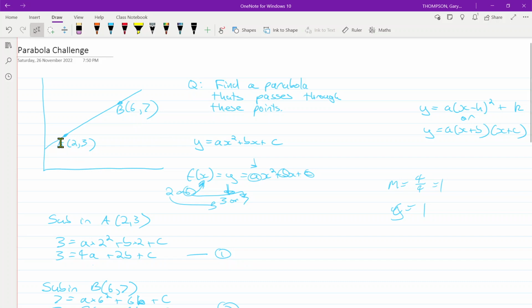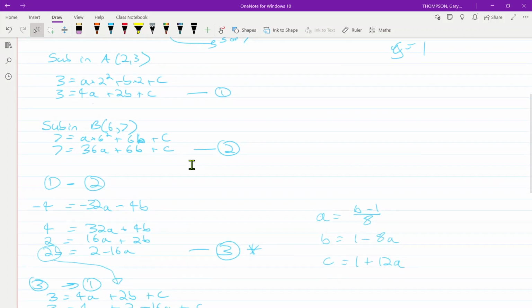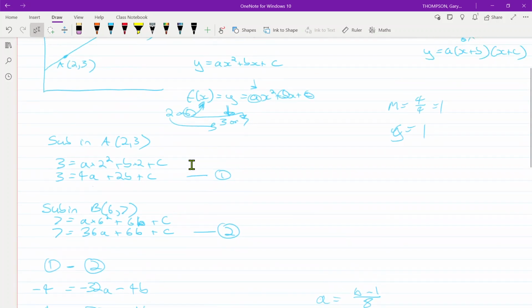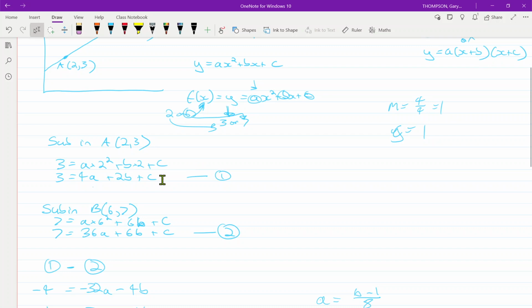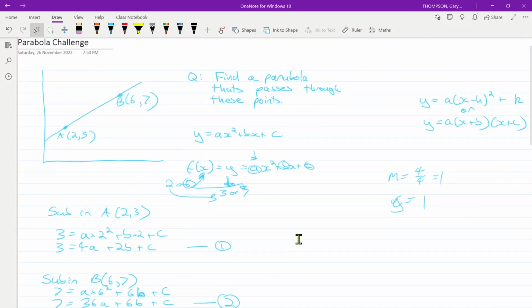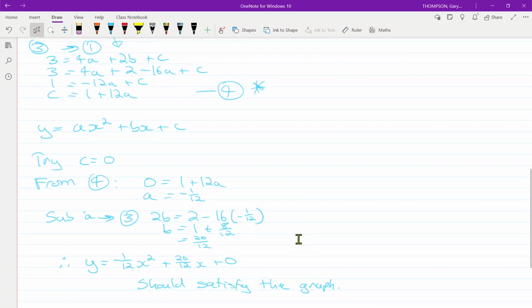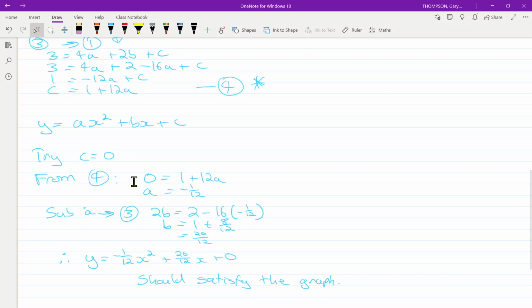By substituting in these 2 points, A and B, I'm able to produce relationships between A, B, and C, and I can use those relationships to cancel out one of the variables. So I chose manually just to set C equal to 0, and then I can determine values for A and B. I could have made C equal 1, I could have made C equal 5, I could have made A a particular value.